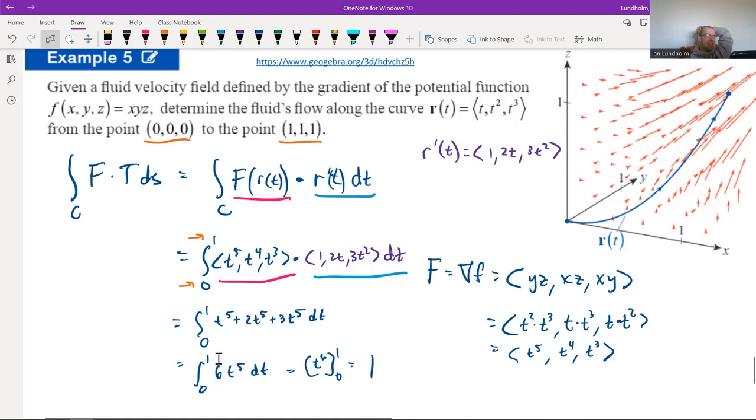We get 6t to the 5th, and integrating, we get 1. So in the end, the sum of the fluid's flow along that curve is 1 with whatever units we're using. We're mathematicians. We don't care. No, you guys will care.